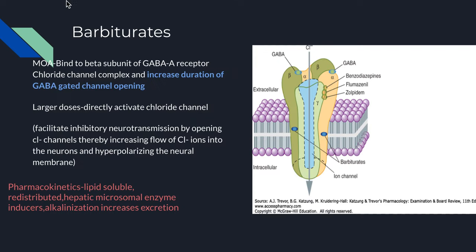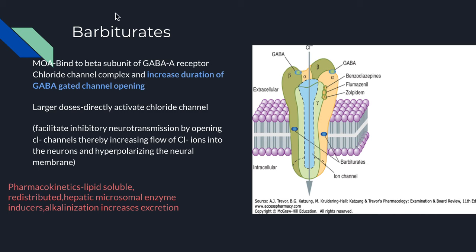Coming to barbiturates. Now, GABA is the principal inhibitory neurotransmitter of the central nervous system, which acts on GABA receptors. GABA A receptors are ligand gated ion channels which have 5 pentameric subunits.